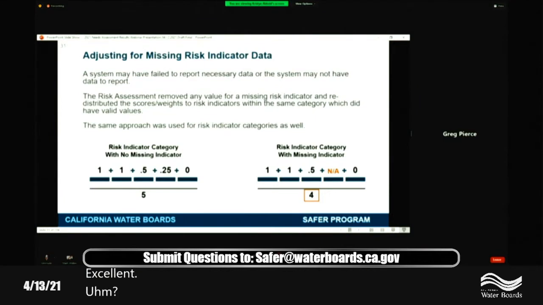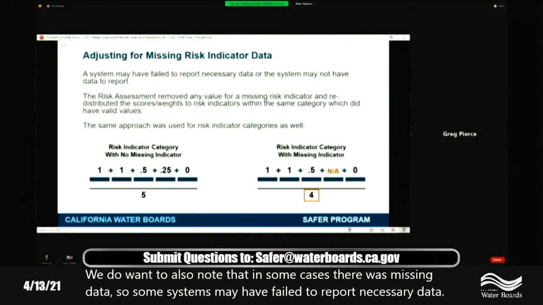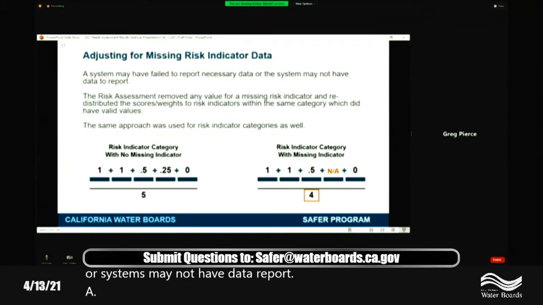We do want to also note that in some cases, there was missing data. Some systems may have failed to report necessary data, or systems may not have data to report. Particularly, this applies for the affordability assessment, as I mentioned before.